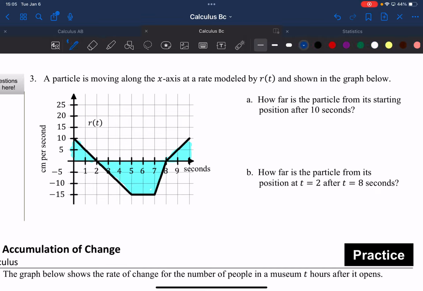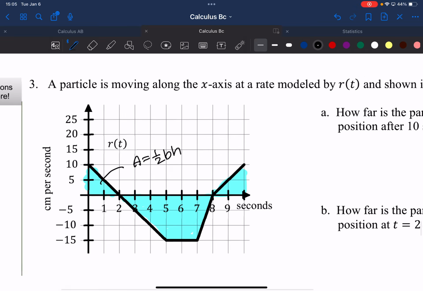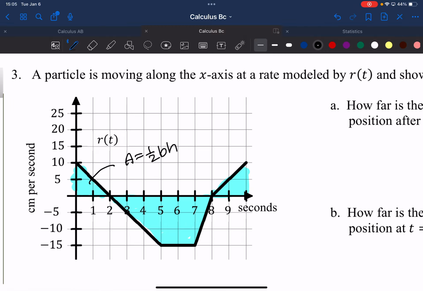So let's first start with the triangle. We know area of a triangle is 1/2 base times height. In this case, what is the base? 2. So this is 1/2 times 2. And what's the height? Everyone agree? 10?